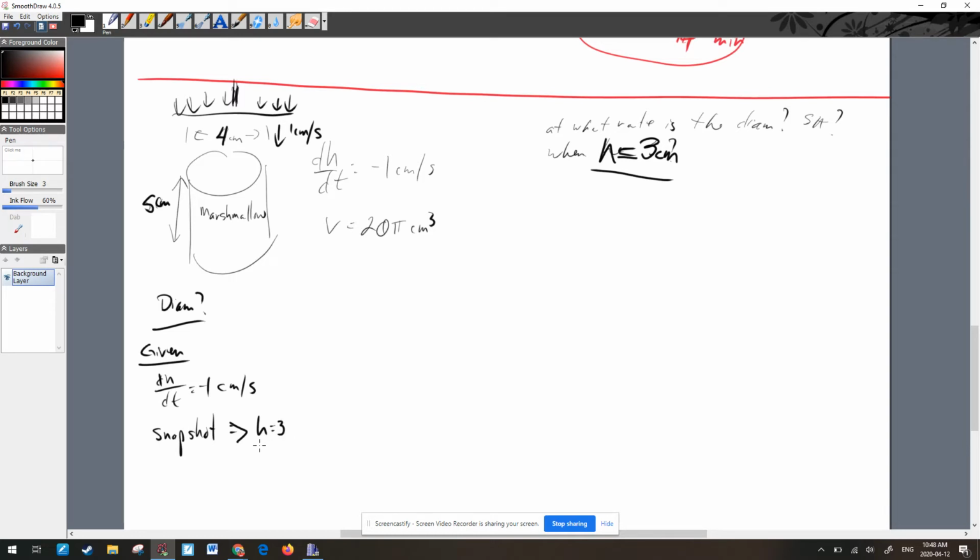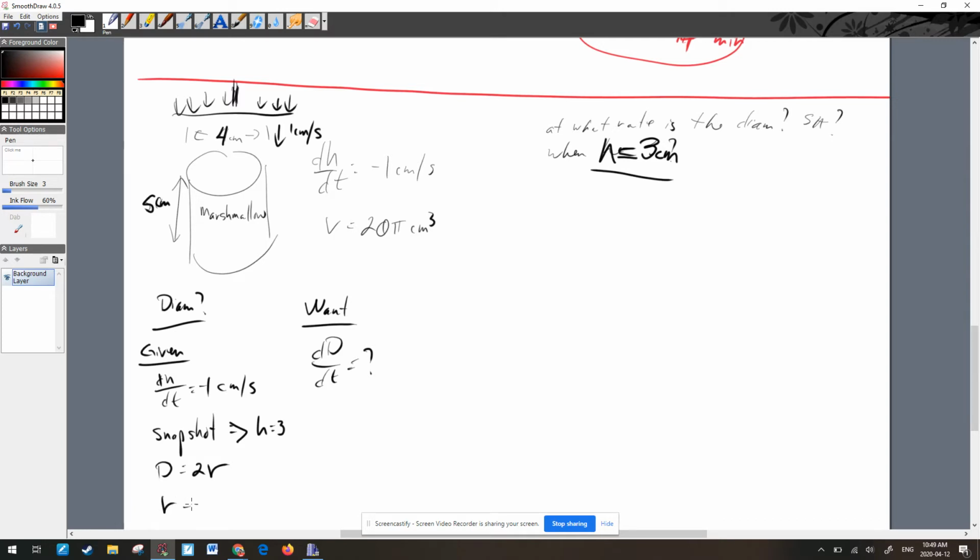Our want is dd by dt. It's also important to note that diameter is equal to 2 radiuses, and that's probably going to help us out a bit.